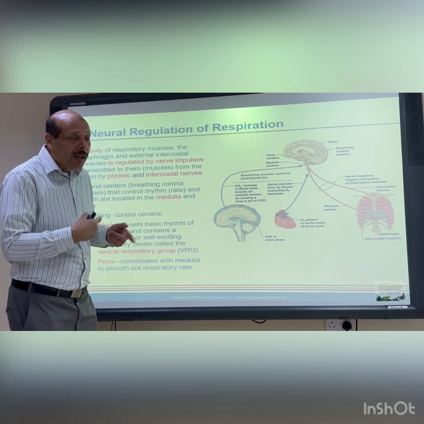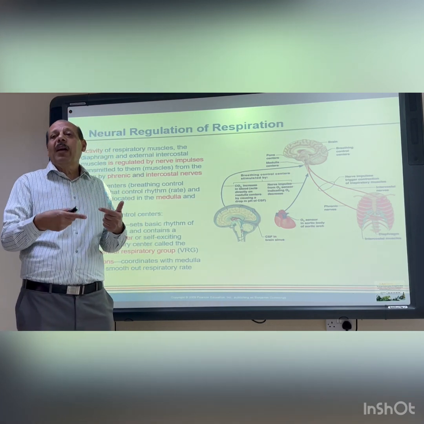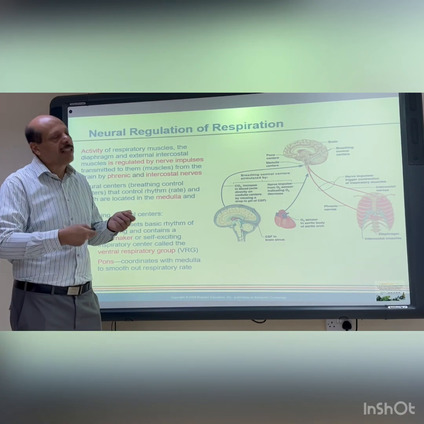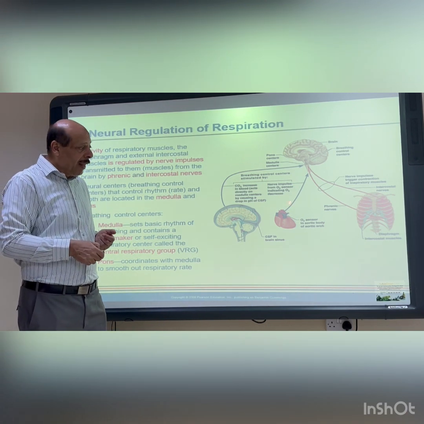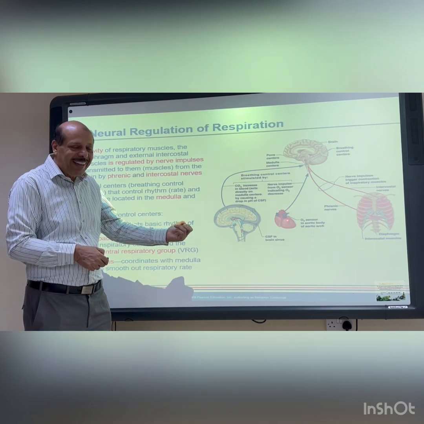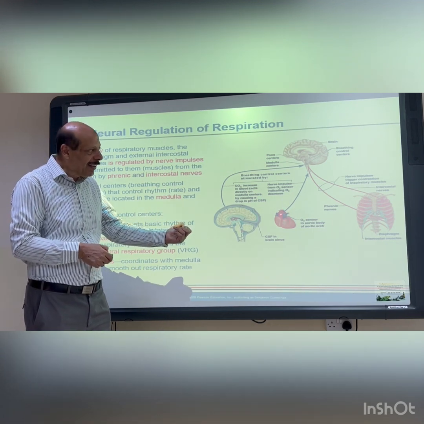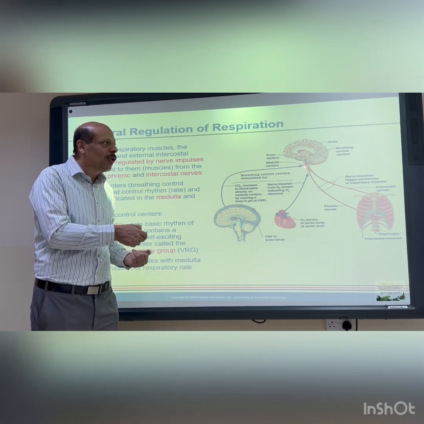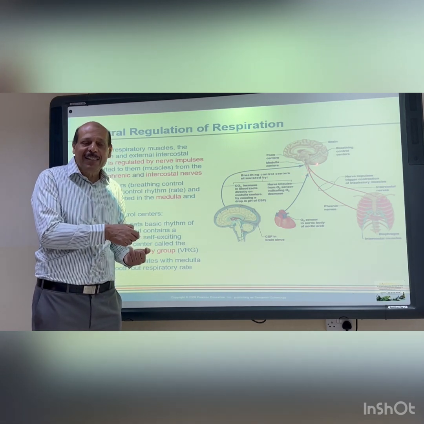But if we have a high demand for oxygen, if we are doing exercise, what will happen? The oxygen level might be less. So it will be detected, and this will send a message to the breathing control center.